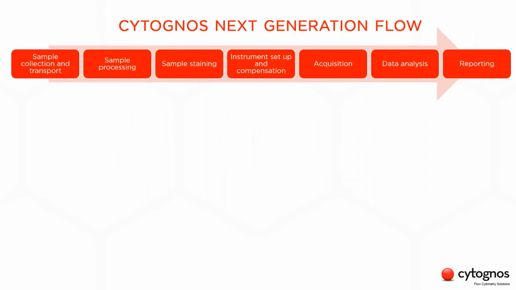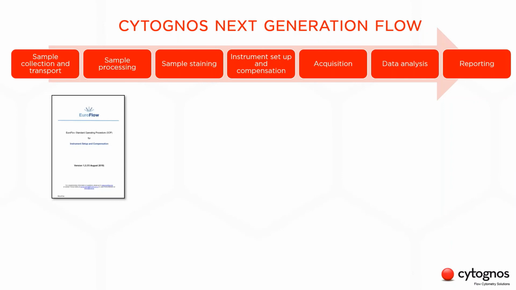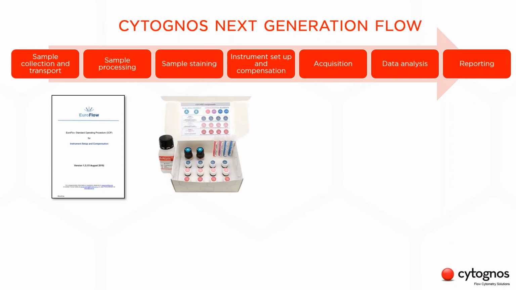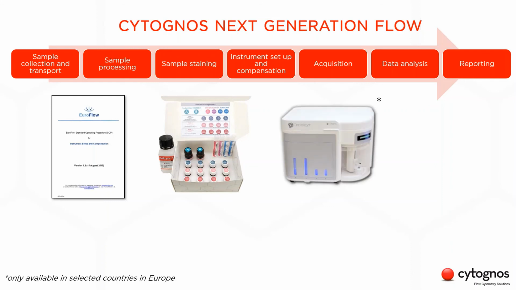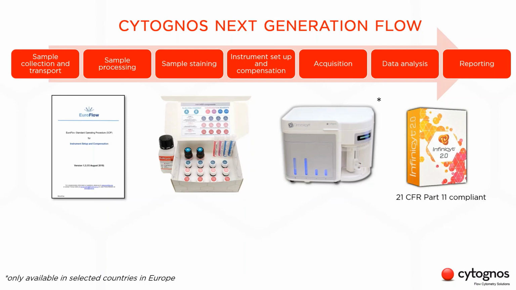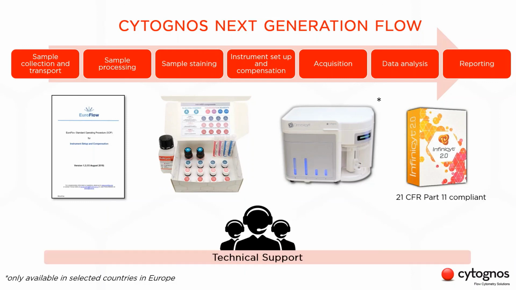And this is what we call next-generation flow solutions, as they include the laboratory SOPs, the dry down antibody kits, the OmniSite instrument, the InfiniSite software package, and ongoing training and support to help you along the way.